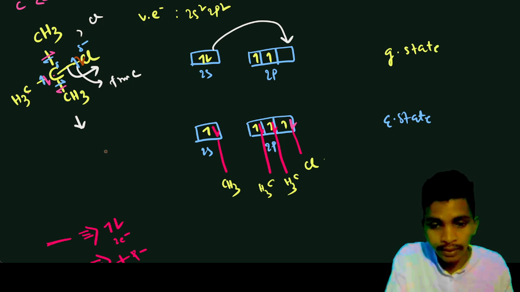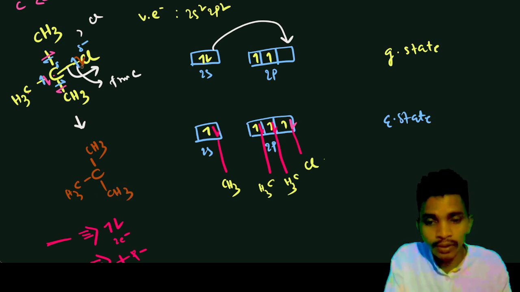So now what will its structure be? Carbon here, CH3 here, CH3 here, and since this chloride took the two electrons and left, here it will get the positive charge.